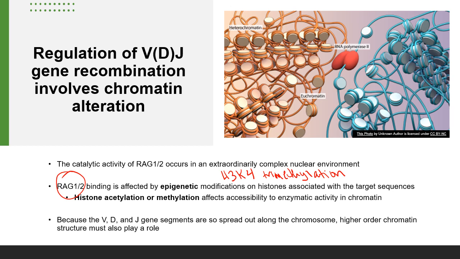So if we look at this image and we kind of think about it a little bit, that means that up where they're showing the RNA polymerase 2, if we just assume that that is actually going to be our RAG recombinase, it's managed to find one of those recognition signal sequences. Now it's got to find its partner recognition signal sequence on the other gene cluster, which is hundreds of thousands of bases away.